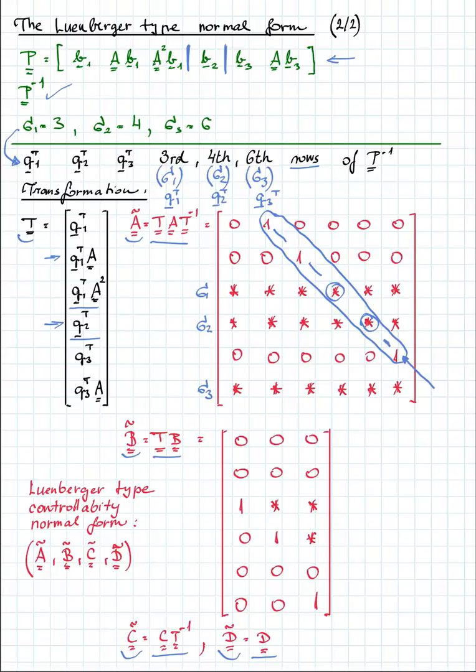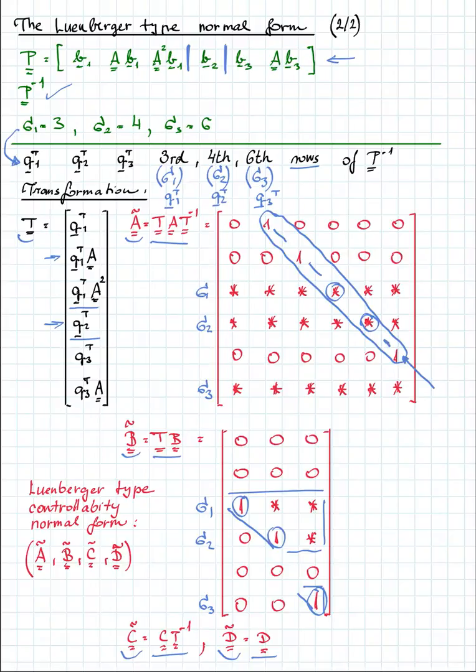And in the B tilde, we also have a special form. All the elements are equal to 0, except the rows denoted by sigma 1, sigma 2, and sigma 3, and these rows result in an upper triangular matrix like this one. The upper triangular matrix has a diagonal containing unit elements, and all the other elements in the upper triangular matrix will be some general numbers.